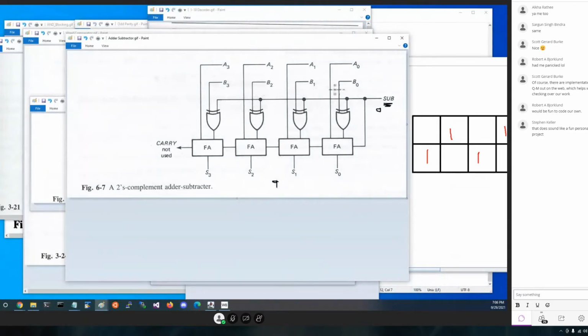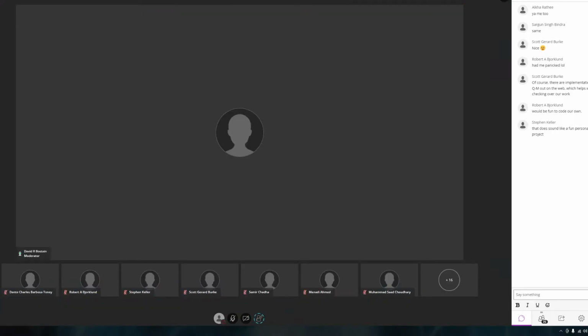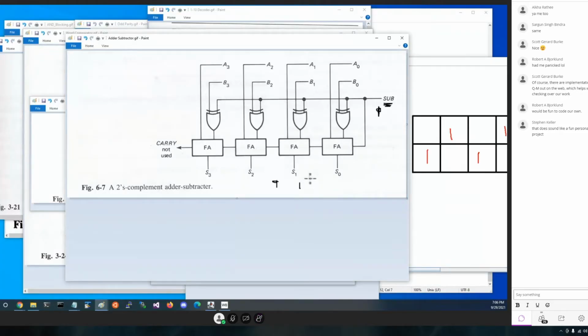If we left the numbers alone and we changed to a 1, well, we're no longer getting a 4. We're getting a negative 4. So when we add the negative 4 to the 5, we get a 1, which is a subtraction. We get 5 minus 4. Over here, we got 5 plus 4.